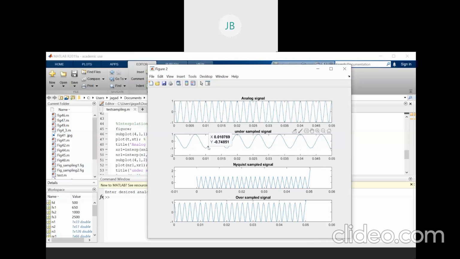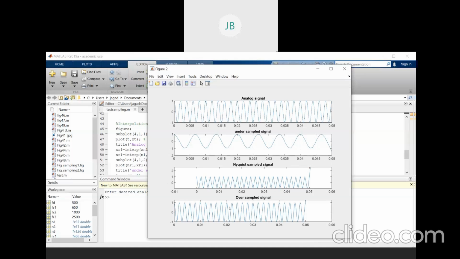And then we have the Nyquist sampled case. In this plot, if you observe, it's almost similar to the analog input signal, but some information is not very clear when you compare with the analog signal. But of course, you can represent almost every piece of information that you have in the analog signal when you reconstruct using the Nyquist sampling case.